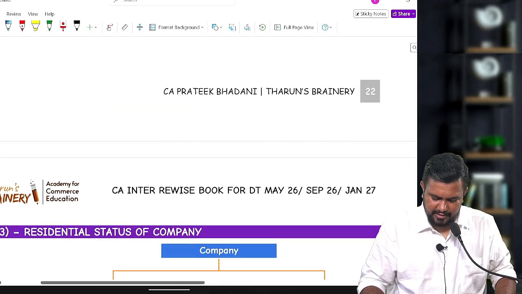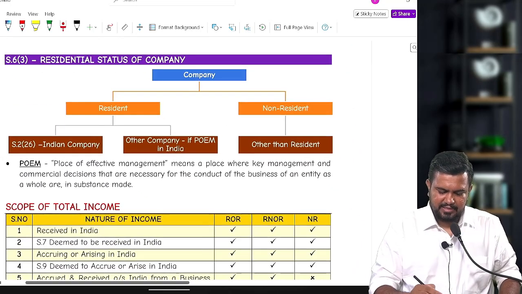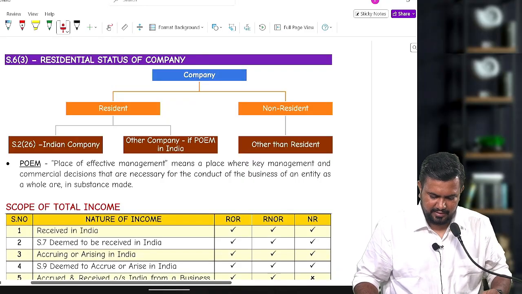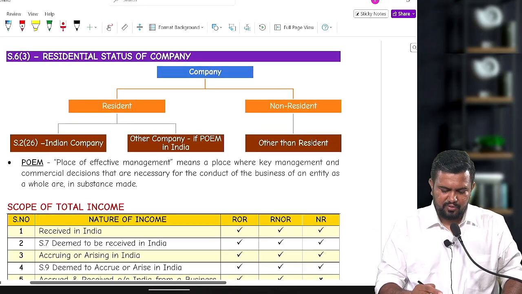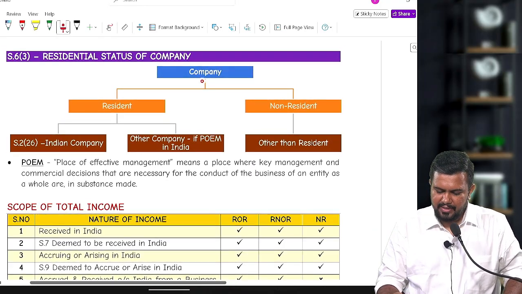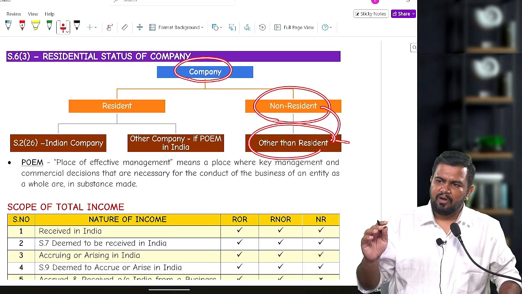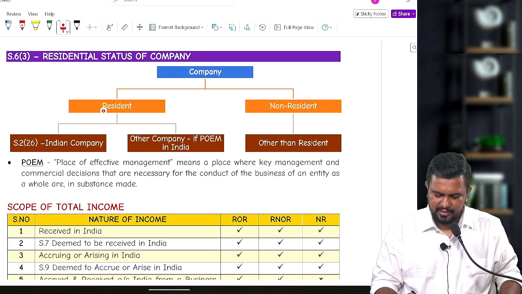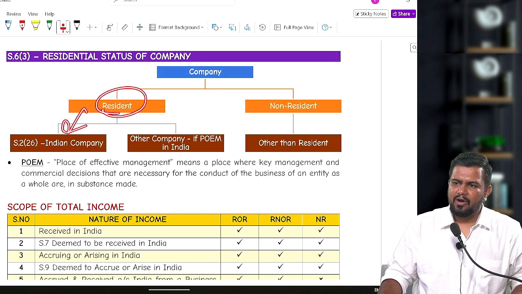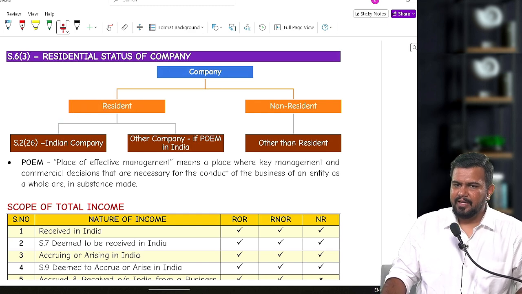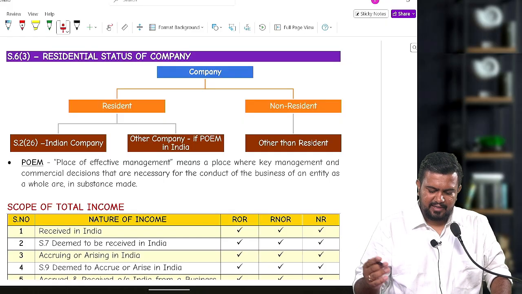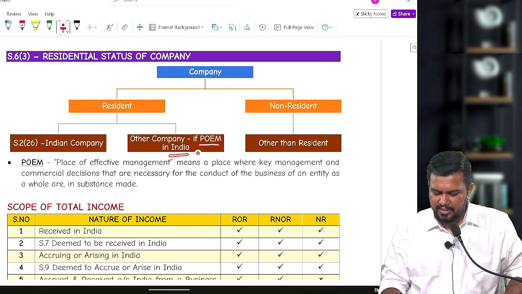Then, company residential status is covered at CA Final level. But in CA Inter, if you know this much, it is enough. A company is considered non-resident means other than resident. Non-resident means other than a resident company. Then who is resident? An Indian company is always resident. Other than an Indian company, it is resident if POEM is in India.